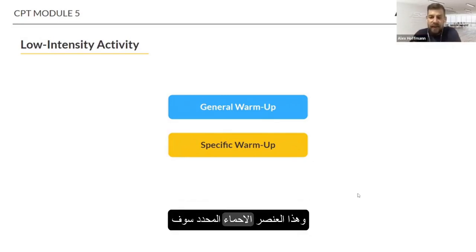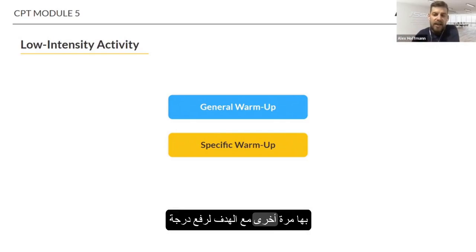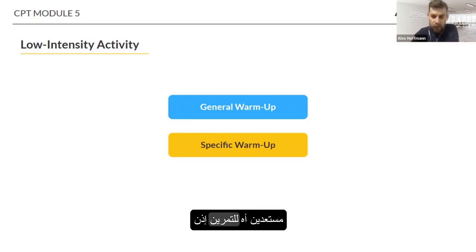This component is going to last anywhere between 5 to 10 minutes as well, which gives us a 10 to 15 minute range for our warm-up. Again, the goal is raising body temperature, increasing blood flow, and warming our range of motion so that we are prepared for the exercise that we are going to perform.